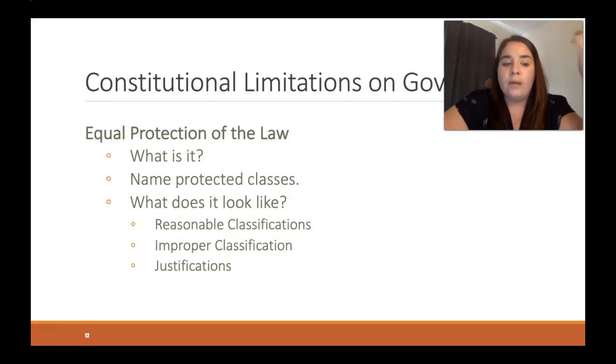So for example, if you are an other abled person who is confined to a wheelchair, it would be appropriate and reasonable for a fire department to say, hey, listen, you can't be a firefighter because you can't walk. So that's a reasonable classification based on not just the fact that you are disabled, but that you cannot do the job.